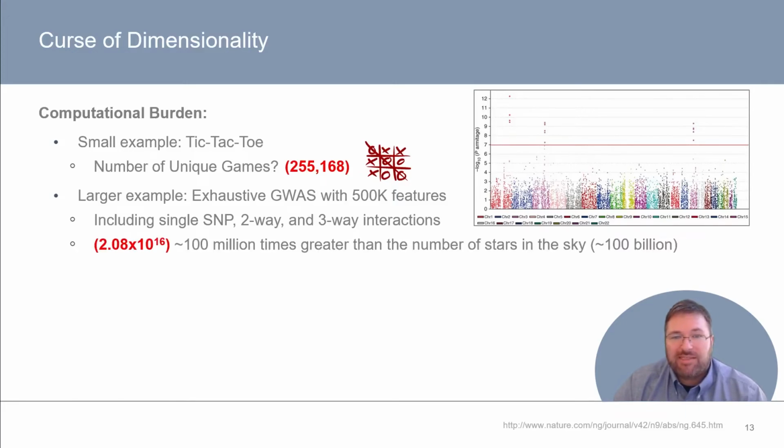Now our search space has climbed to approximately 2.08 times 10 to the 16th possibilities, which happens to be 100 million times greater than the number of stars in the sky. Let's generously assume that your personal computer is able to complete 200 million search operations per second. That means that this search would take a minimum of 120 days to complete.